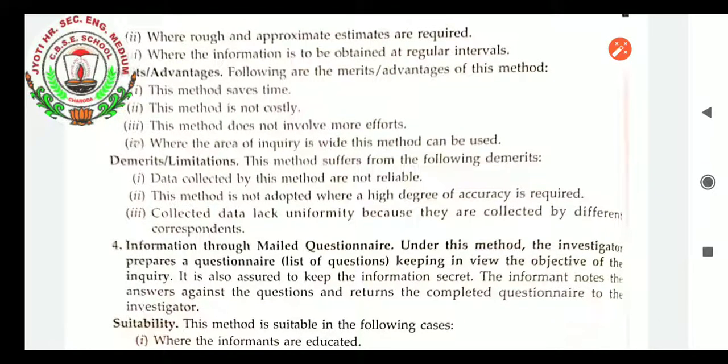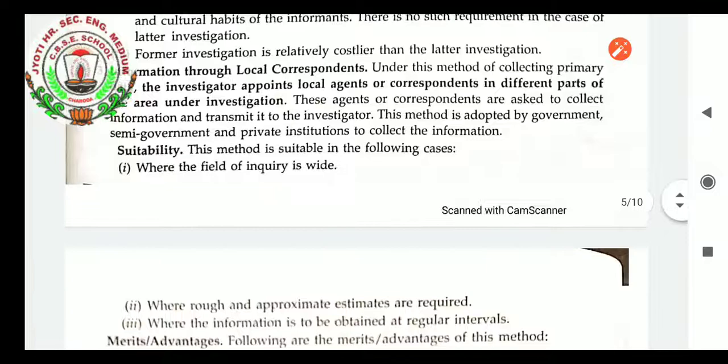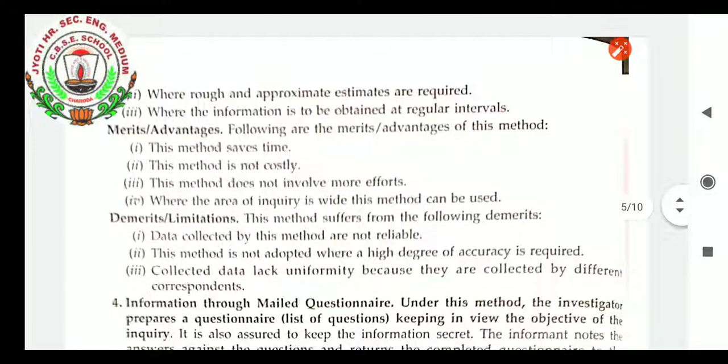So that is information through local correspondent. There you can observe they themselves say that uniformity is lacking, because the data has been collected from different people.